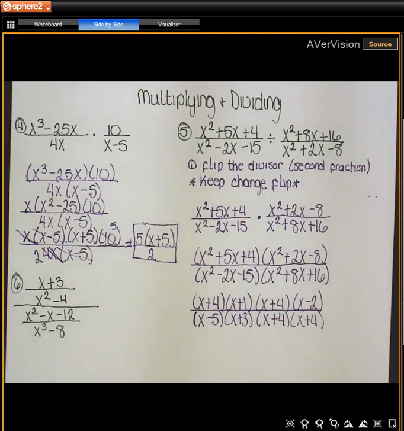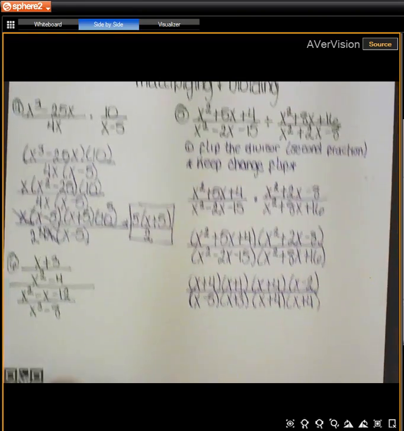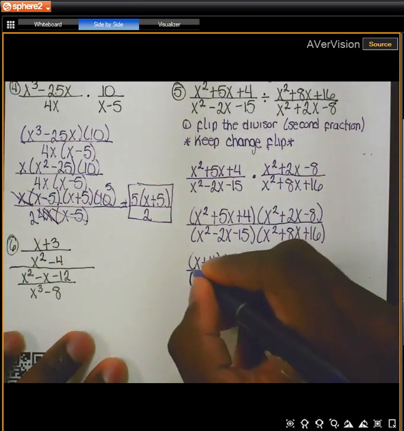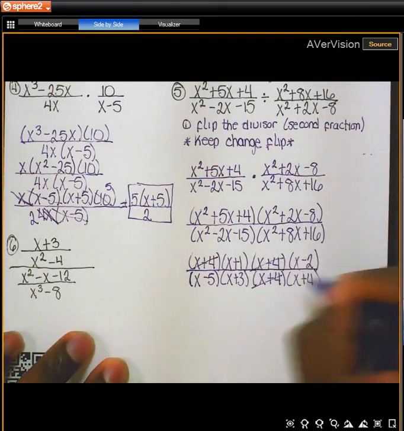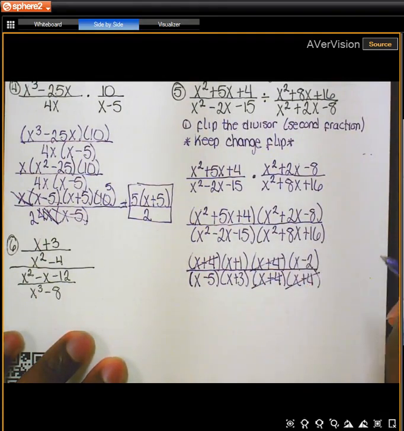All right. Now we have a big fraction with everything being multiplied. We can start canceling out like terms. What can we cancel out here? Yeah, we have x plus 4, x plus 4, x plus 4, x plus 4.